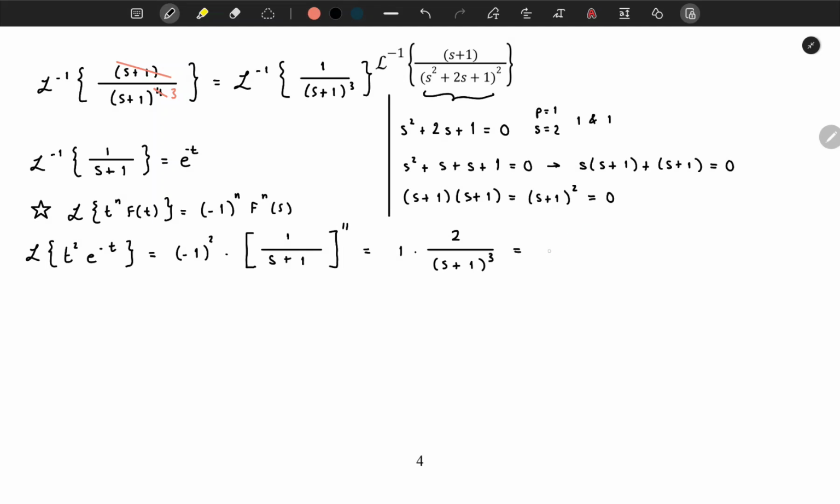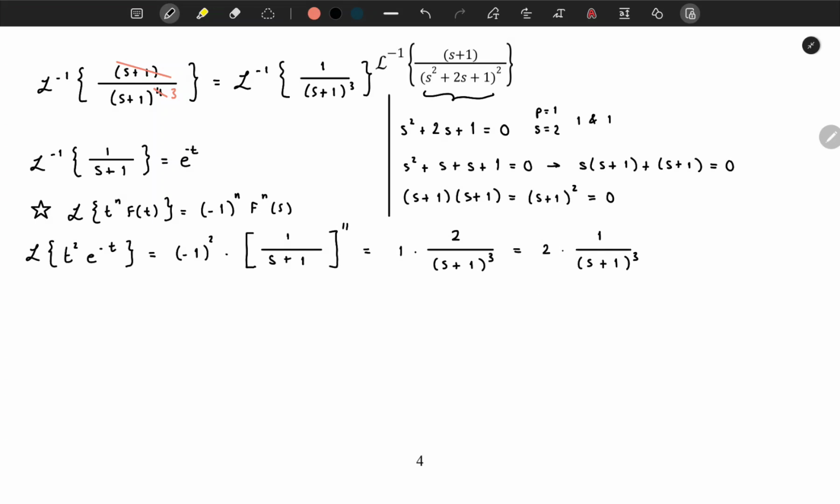And that is just equal to 2 times 1 over s plus 1 cubed. Now we can see that we have found what we are looking for, the 1 over s plus 1 cubed. However, we have a 2 multiplied to it.